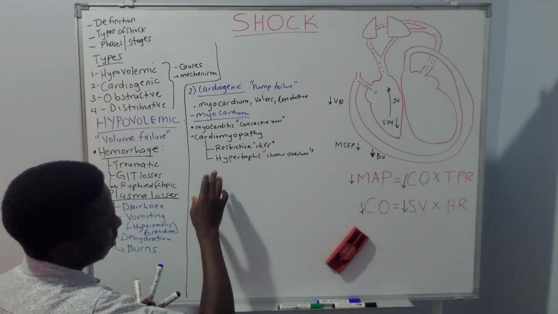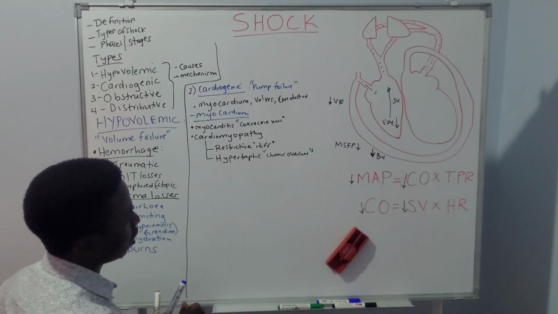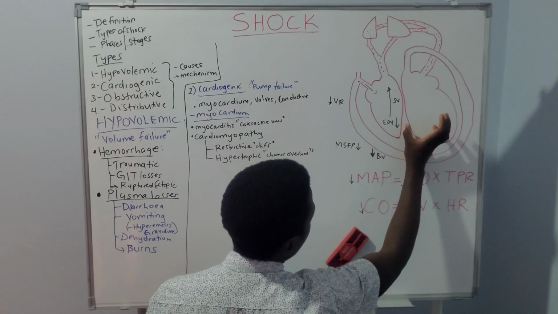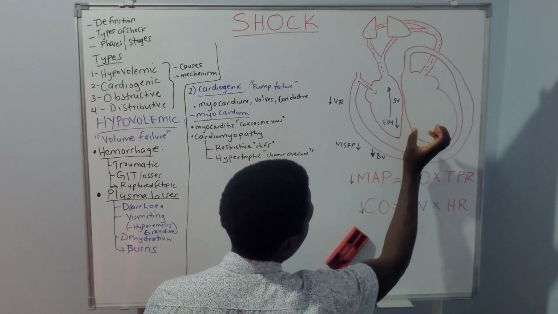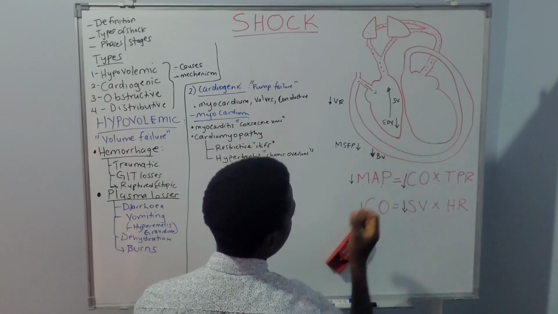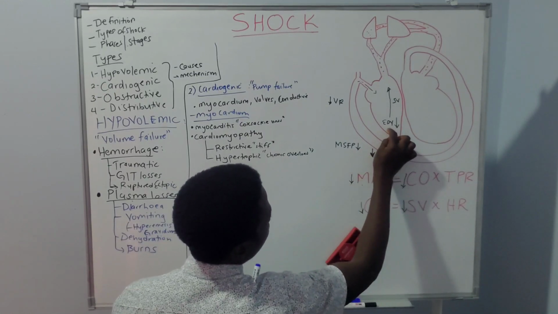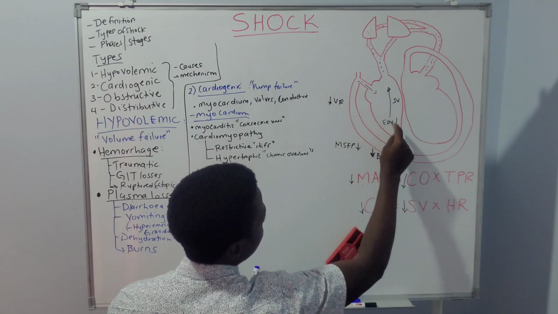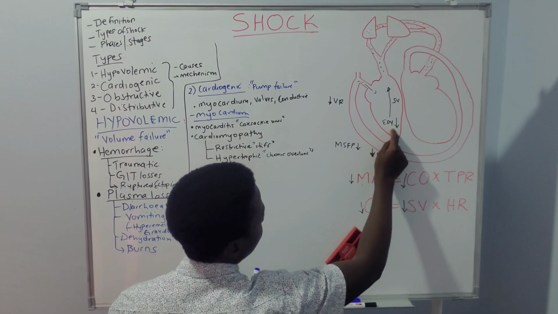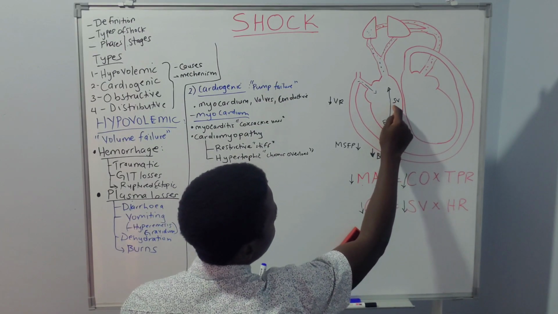If you look at restrictive cardiomyopathy, if the heart is not able to distend or relax, to fill with enough blood, what is going to happen? No matter how good the venous return is, it cannot fill enough at diastole. So you get a decrease in the end diastolic volume, then a decrease in the stroke volume.